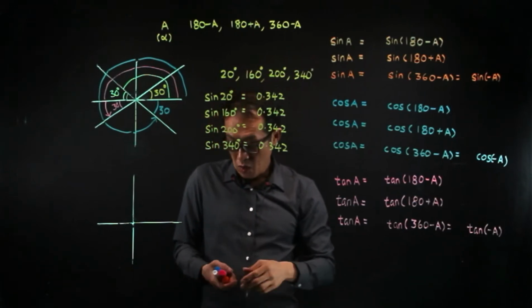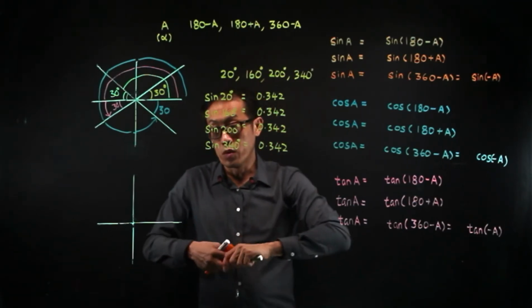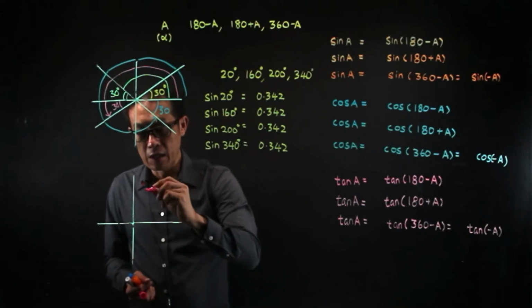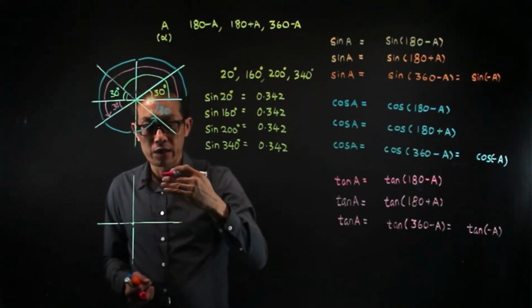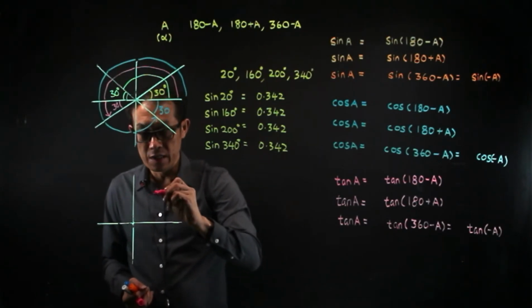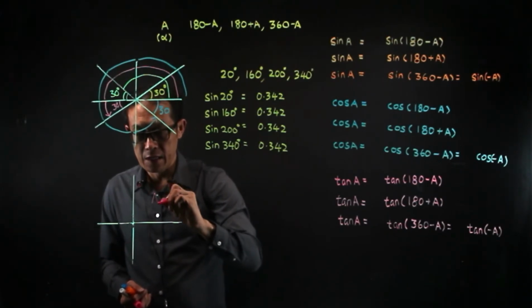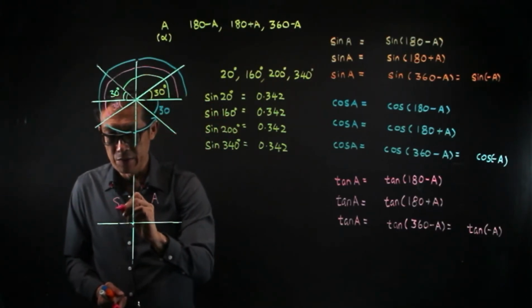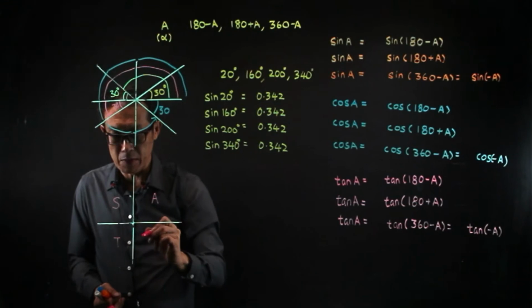Now, you look at it, you learn in school that all the trig functions are positive in the first quadrant: sine, cosine, tangent. And in the second quadrant, sine is positive. Third quadrant, tangent is positive.